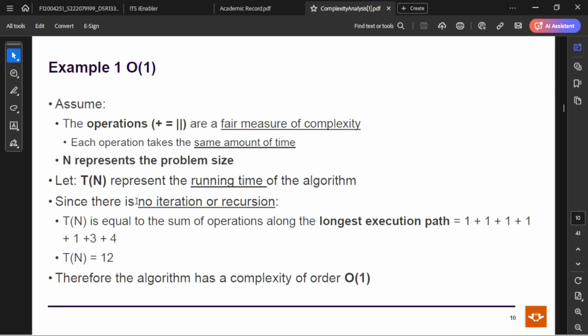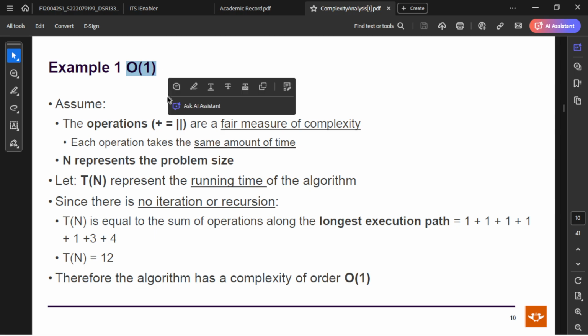As I said before, in each and every counting that you're going to be doing, you must have a list of your assumptions, or an assumption statement. Here they tell you that they're going to be counting the operations where you see a plus sign, an equal sign, and an or, and counting them as constant time.